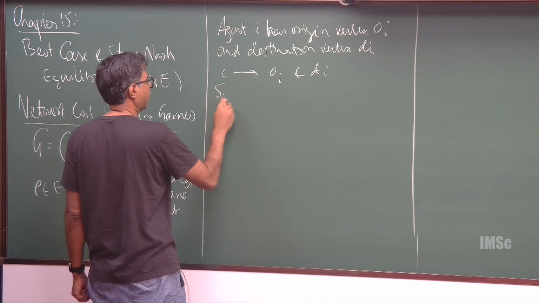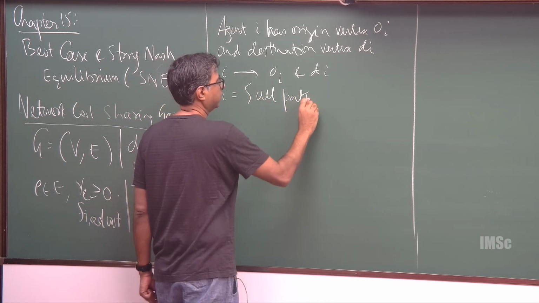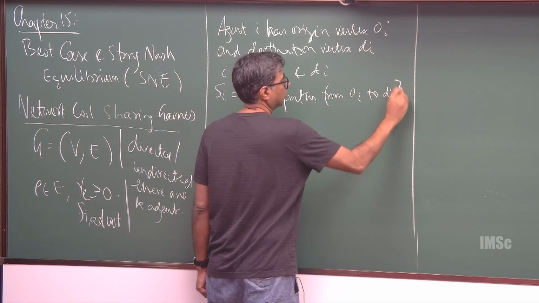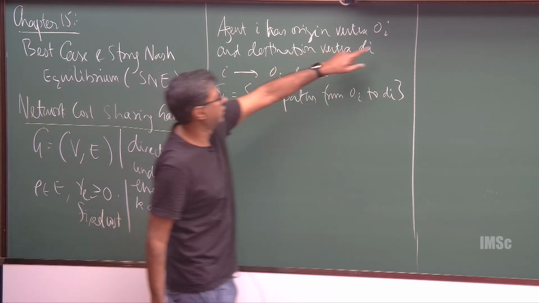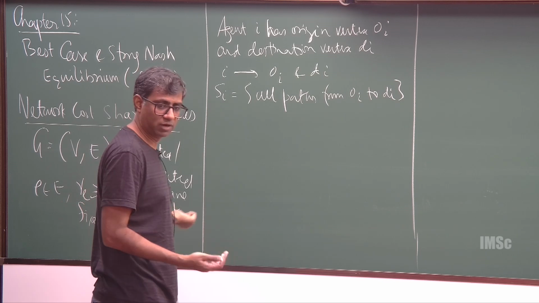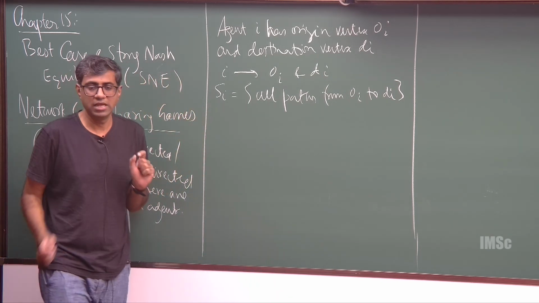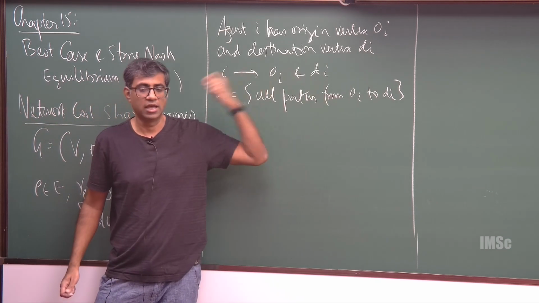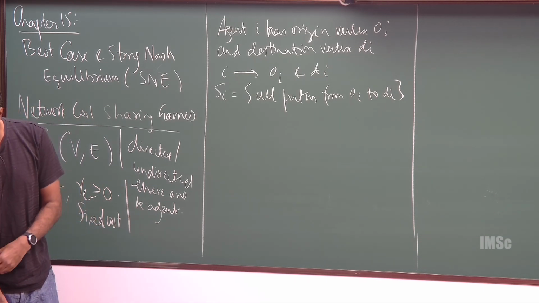Let us say the strategy space S_i is all paths from o_i to d_i. Agent i has an origin vertex o_i and a destination vertex d_i, and her strategy is any path from o_i to d_i, meaning he or she can choose any path from o_i to d_i.